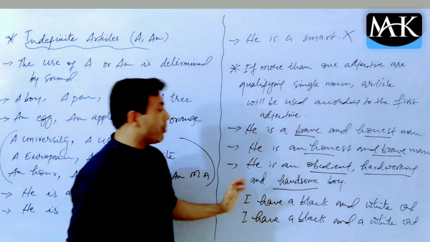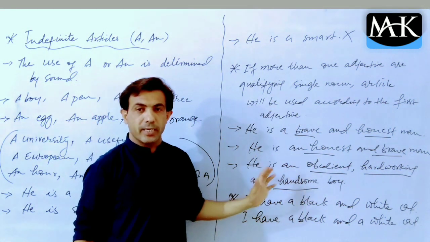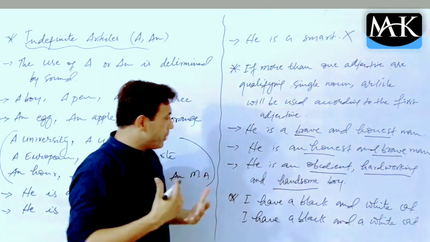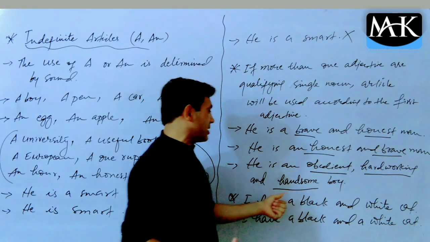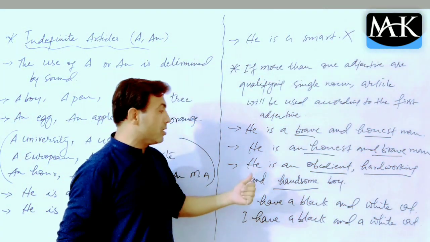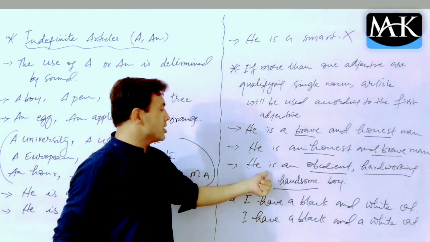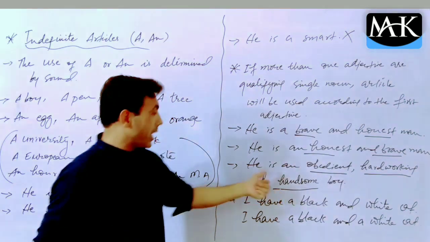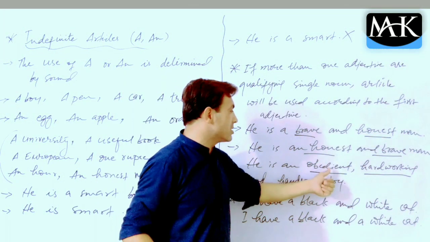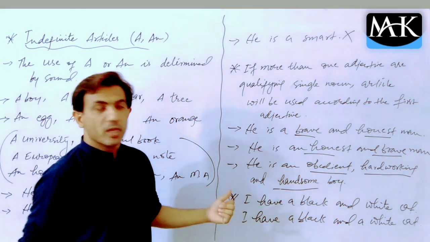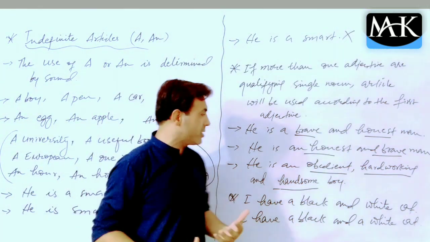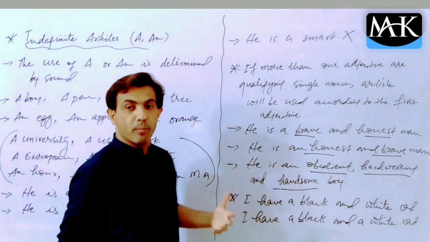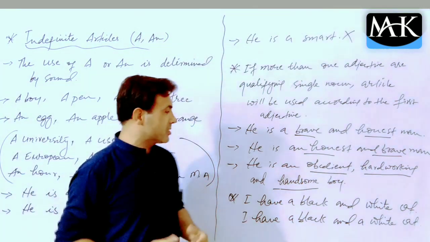But if it is the same sentence and we change the place of the adjectives, then we will have to use a. Suppose, how? He is a handsome, obedient and hardworking boy. So this is how we use indefinite articles with one or more than one adjectives.